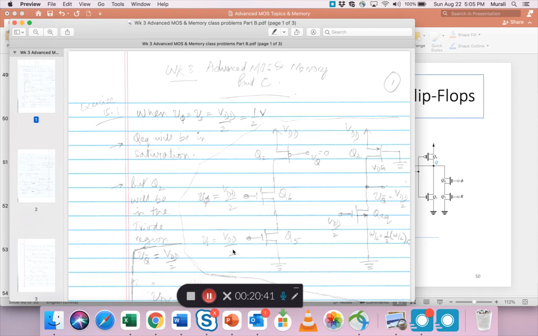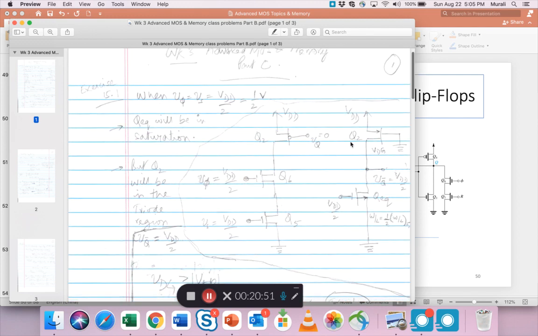The only difference is, in the previous exercise you found that Vs equals VDD, V5 equals VDD. Here we drop that by 2, and the rest of it will be the same. So when V5 equals Vs equals VDD is equal to half volt, then automatically this Q equivalent will be in saturation. Why?